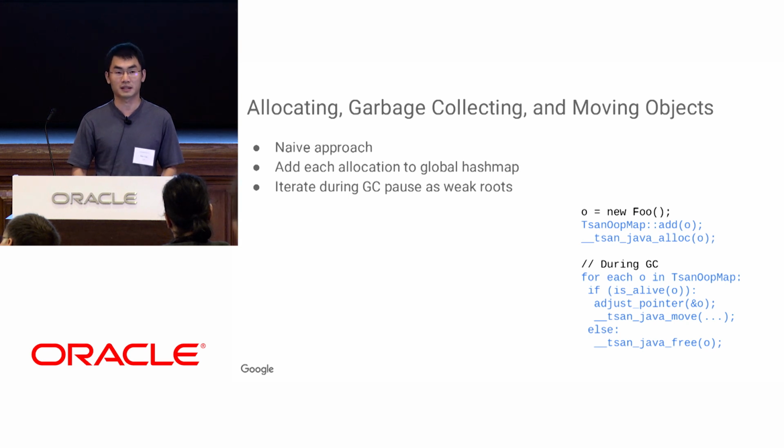Because of how Java garbage collection works, when it's doing a garbage collection, you only find all the live objects. You cannot directly find all the dead objects. And now you need to call the TSan Java free for all the dead objects. So that's the problem.